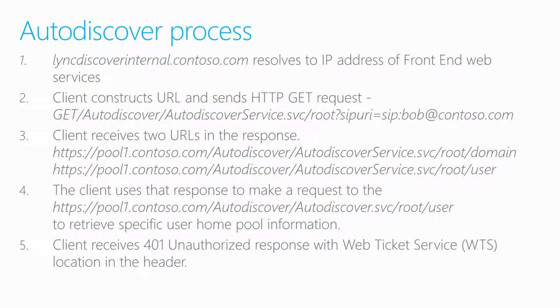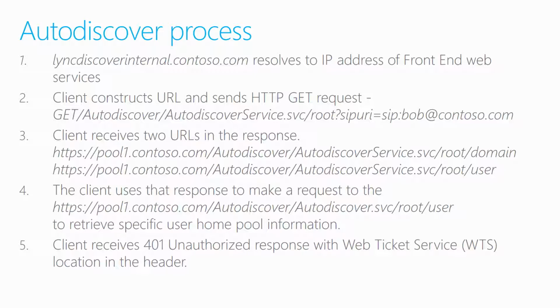The reverse proxy then would proxy all this traffic to the front-end server, and from there the process would look very, very similar. If this would be a user signing in against Office 365, then the user would probably also not discover lyncdiscoverinternal.contoso.com, but lyncdiscover.contoso.com, and it would again point to a reverse proxy in Office 365.